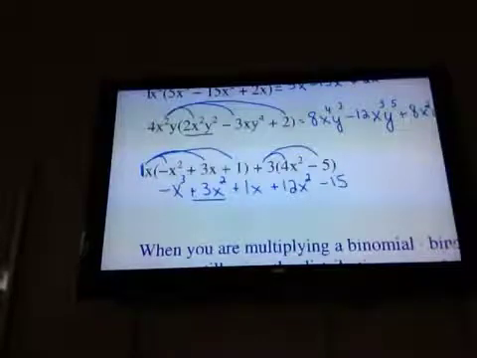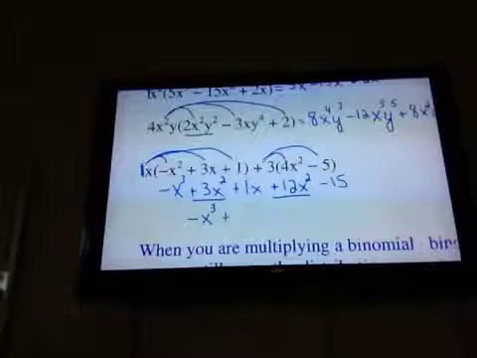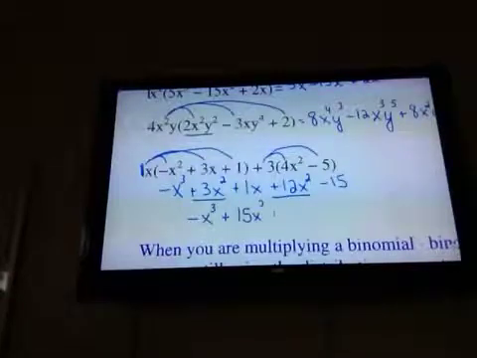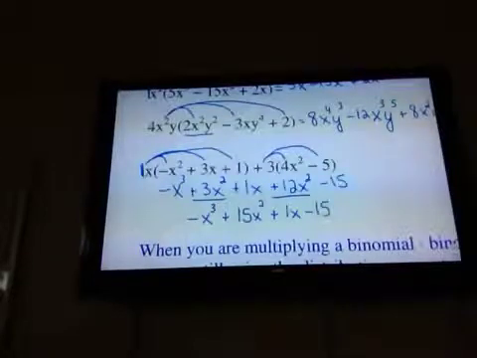And there are. Those are alike because they're both squared. So positive 3 and positive 12, positive 15. X squared, don't change the power when you're adding. Ready?